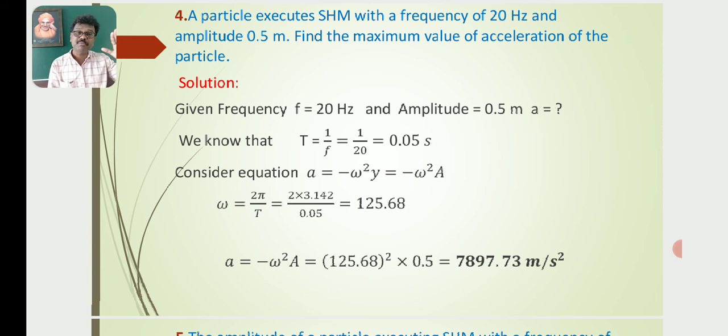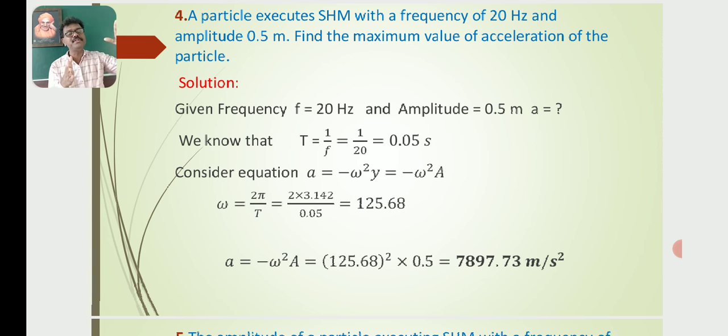Then at extreme position y becomes A, the amplitude. That means the maximum displacement of the body from its mean position is known as amplitude. The distance between the mean position and extreme position is equal to amplitude.